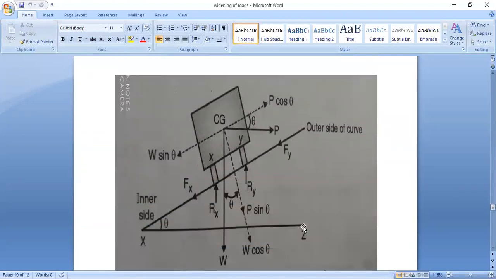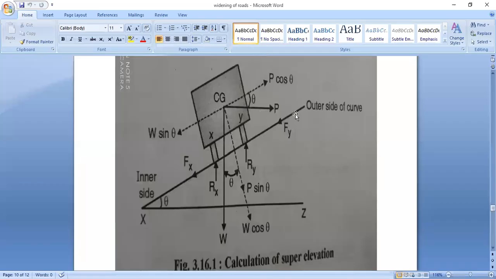Now see in this figure. In this diagram, the centrifugal force is P, and the value of this force is equal to W V square upon G into R, acting horizontally from the center of gravity.